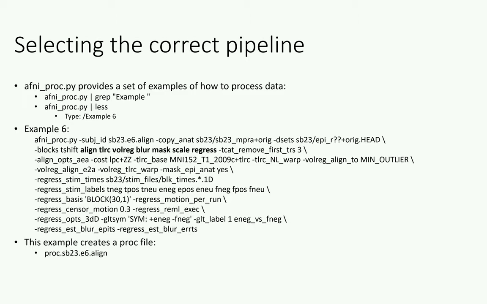In this one, I'm going to focus on the first 2 lines primarily. First line, you're identifying who the subject is, you're identifying what the anatomical is, and you're defining what the functional run is. The next line, you're defining what things you're going to do in your blocks. Your blocks are activities that you're going to be doing.